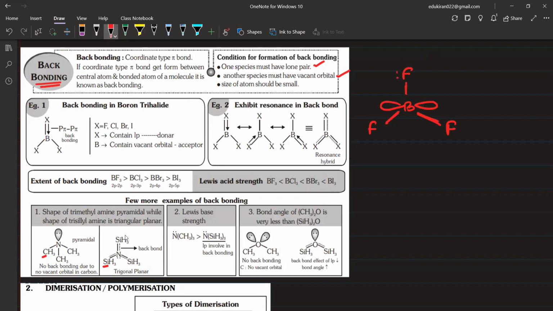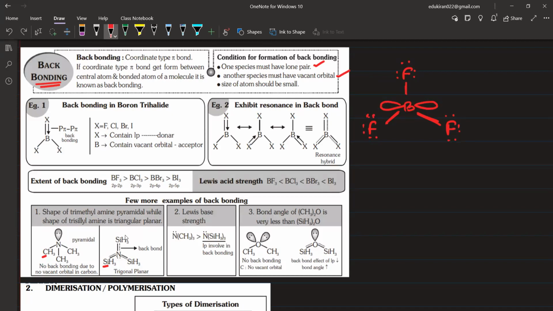And the F atom has 3 lone pairs on it, and these lone pairs can be given to boron. That is why the fluorines are capable of donating or sharing a pair of electrons with boron, thereby stabilizing the boron atom. Once you are giving electrons to the boron atom, boron will have 8 electrons, and that is why it will become more stable.